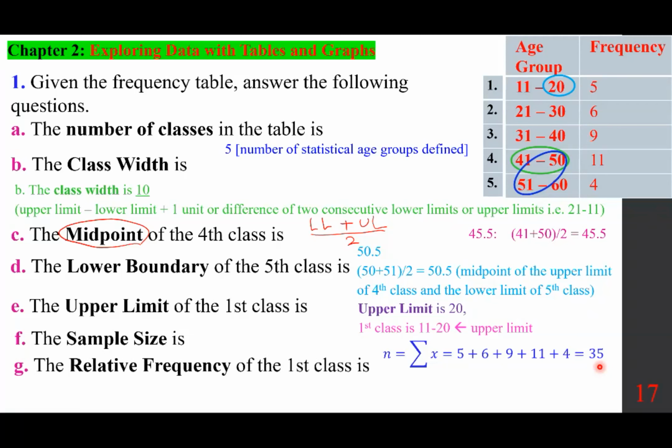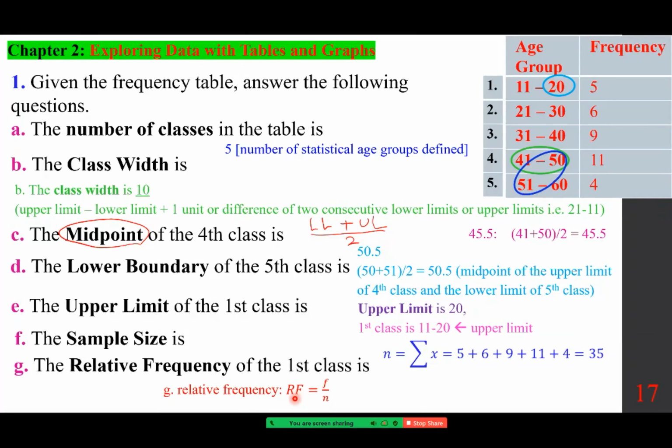The relative frequency of the first class. The relative frequency of any class is defined as the frequency of that class divided by the total size. So the denominator is this total size we found, and the relative frequency for the first class therefore becomes 5, which is the frequency of that class over the total size.